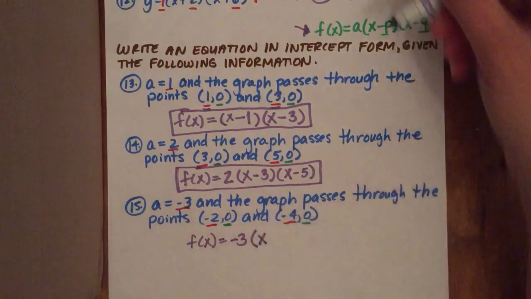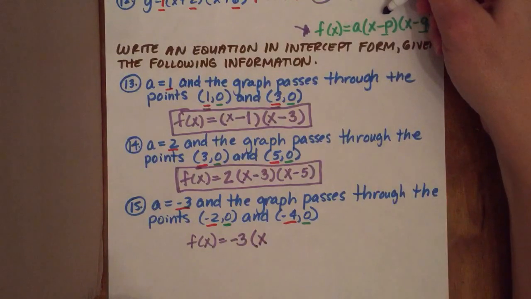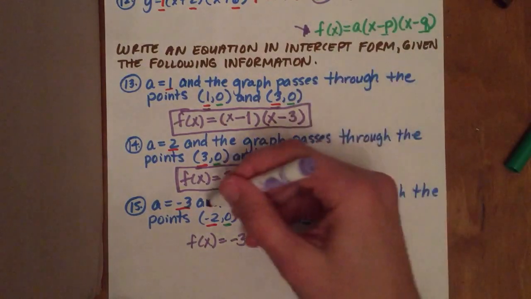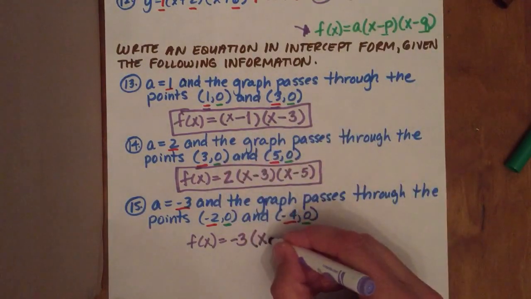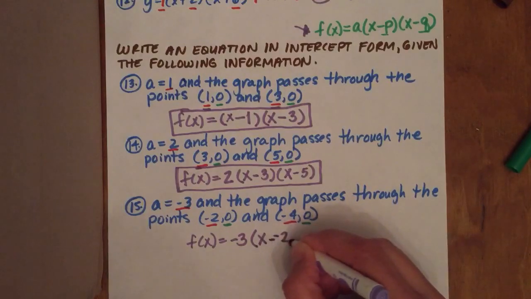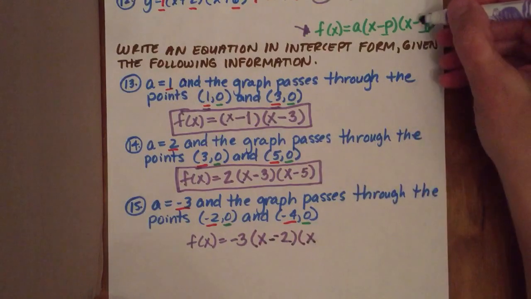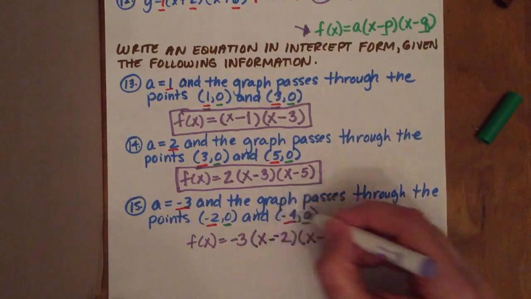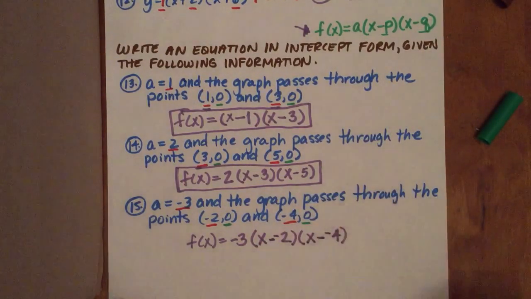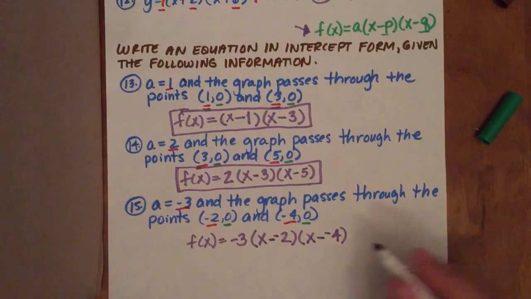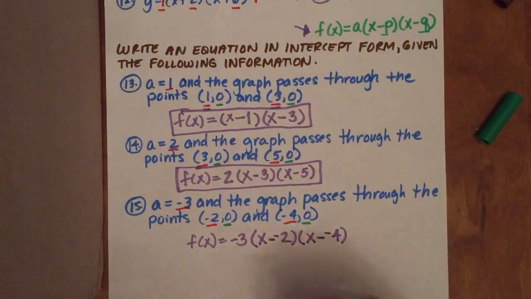Now, it says x minus p. Well, what is p in this case? It's negative 2, so I have x minus negative 2. Then the next one is x minus q. So I have minus q. Q is negative 4. So when I write it like this, what does minus a negative change to?